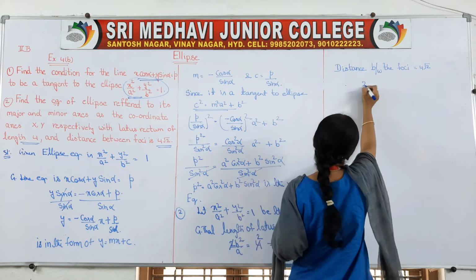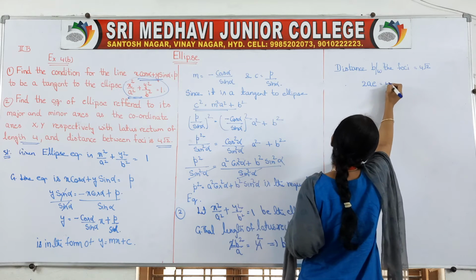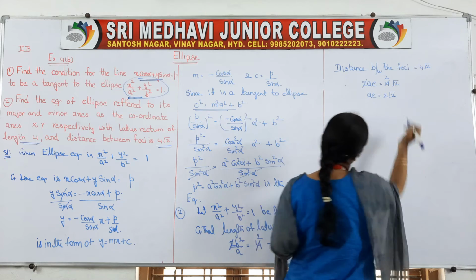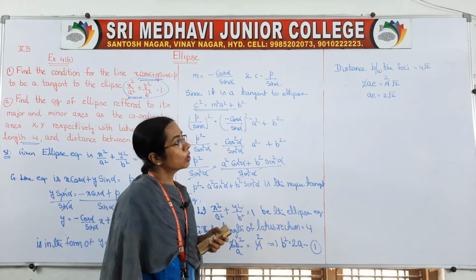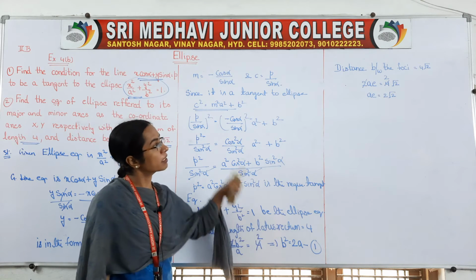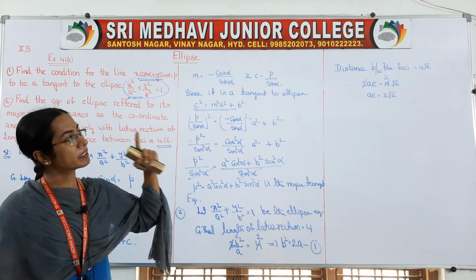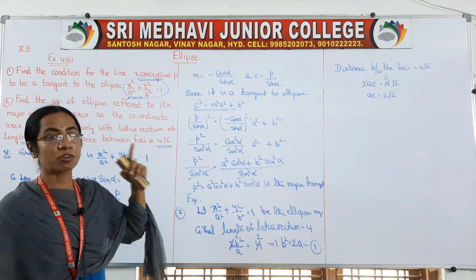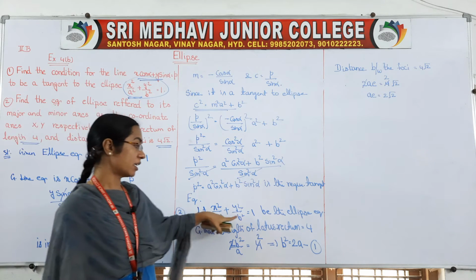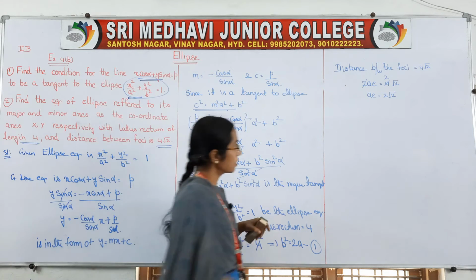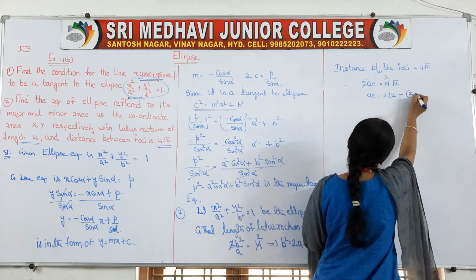It is 2ae, so 2ae is equal to 4 root 2, so ae is equal to 2 root 2. Okay, so two conditions are given to us: the length of the latus rectum and the distance between the foci. By using these two conditions, we have to get the a and b values, and finally substitute in the standard equation. That will be our answer. You consider this as your second equation.